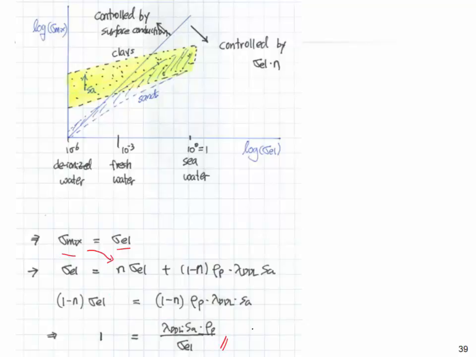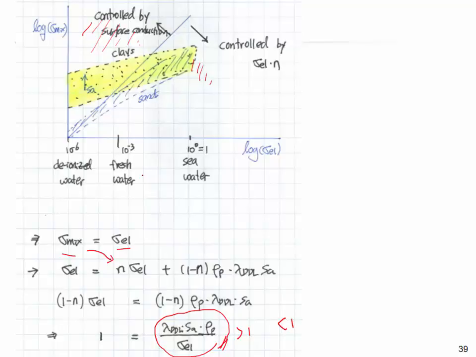So if this last value, lambda times S times rho over electrolyte conductivity, is larger than 1, then it's this area, surface conduction. And if it's less than 1, that's this area, the control by the electrolyte conductivity.